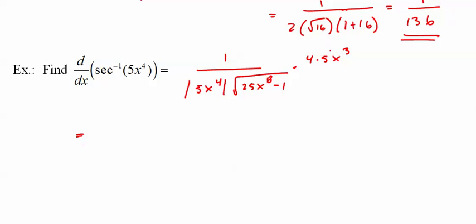The 5's cancel, they're just numbers. We're left with just x, and we need to keep it inside of our absolute value. Actually, we don't, because it would have been positive, and if that's negative, it's negative. If not, it's not. So we get 4, 25x to the eighth minus 1.